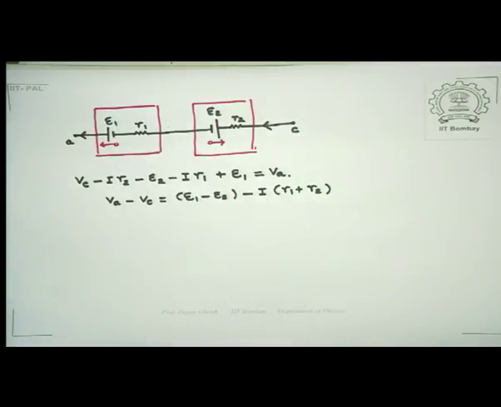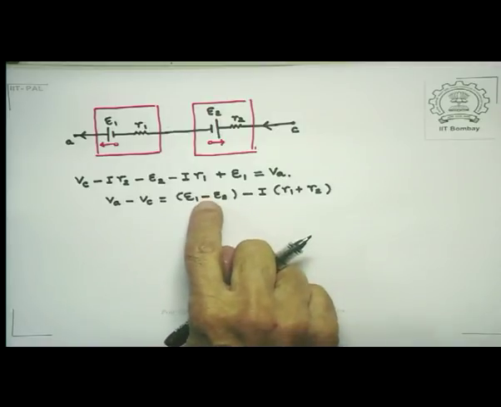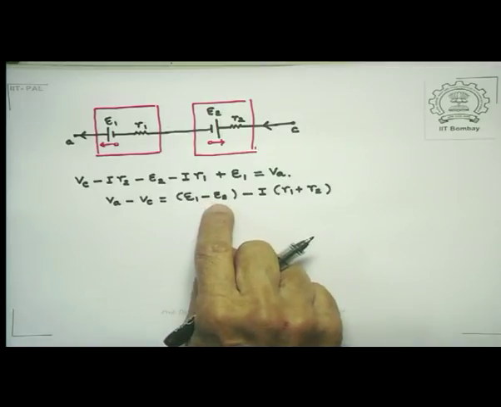If you compare this with our previous expression, what we find is there is no difference other than the fact that there is a minus sign between E1 and E2.